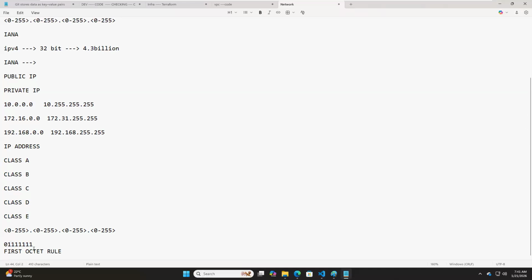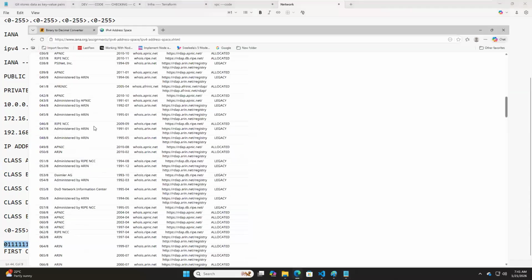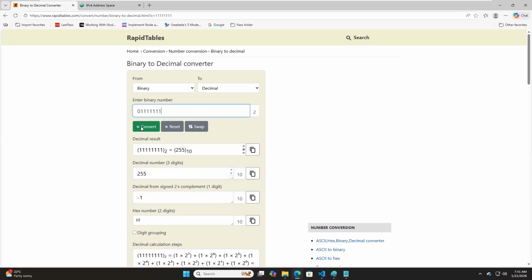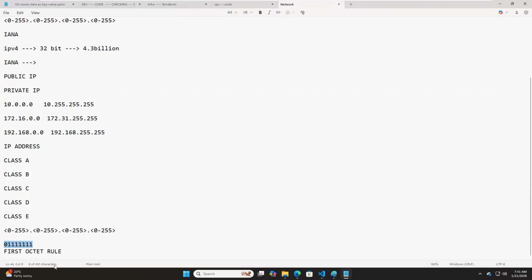The value is 0 followed by seven ones, which in decimal is 127. Then the first octet rule says that in class A, the IP address starts from 1 to 126.